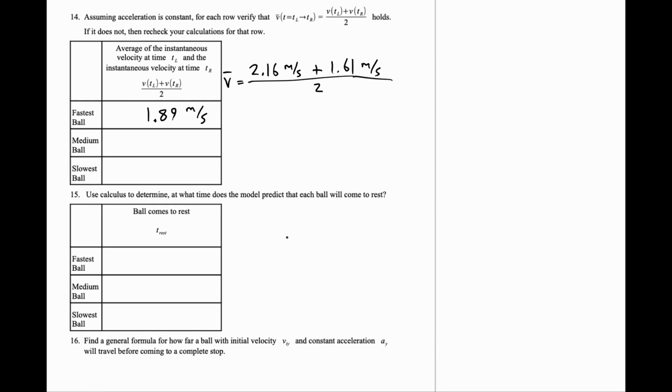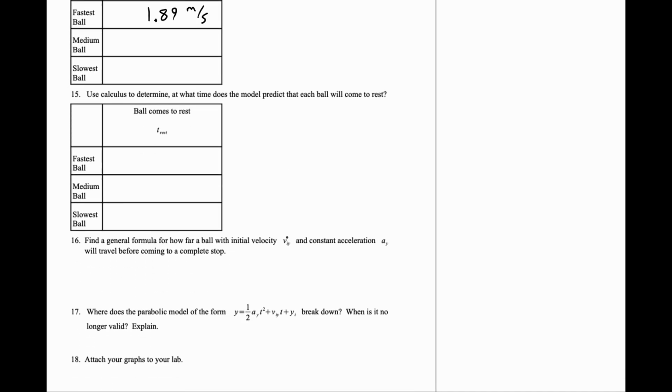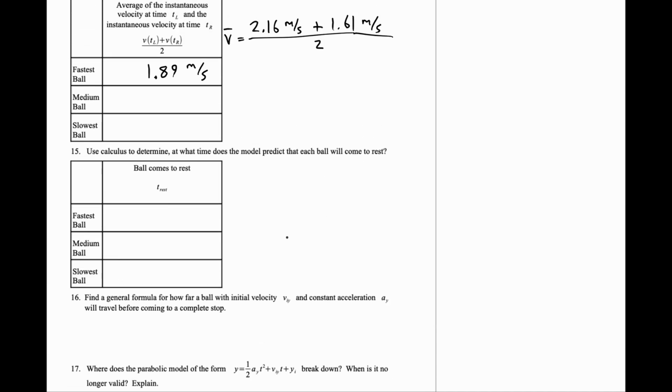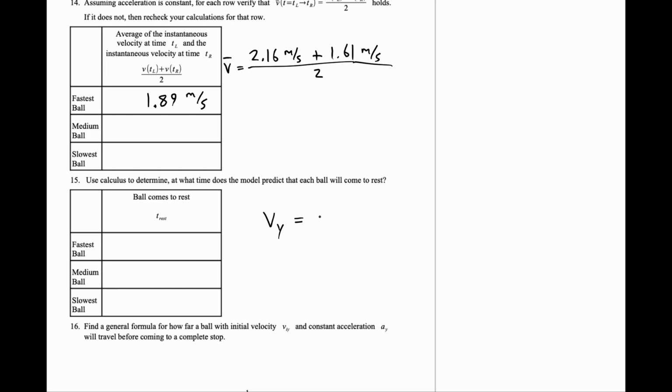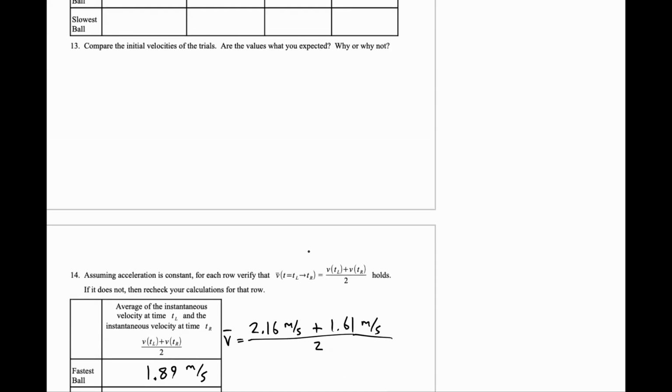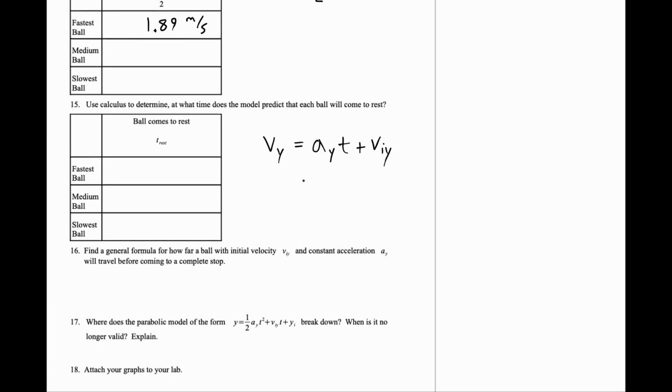And lastly, can we extrapolate it to find out where would the ball come to rest of its own volition, assuming that the acceleration was constant? So for that, I would go to my velocity function. I would have a t plus VIY. Plug in my numbers.